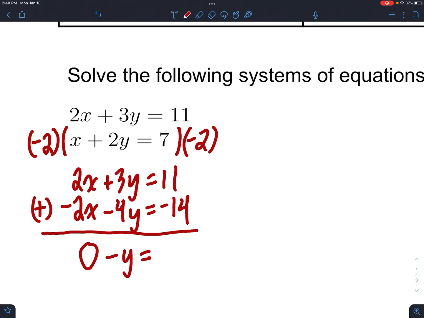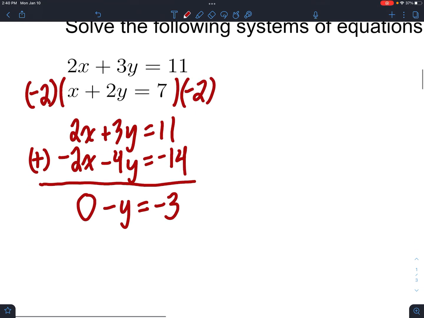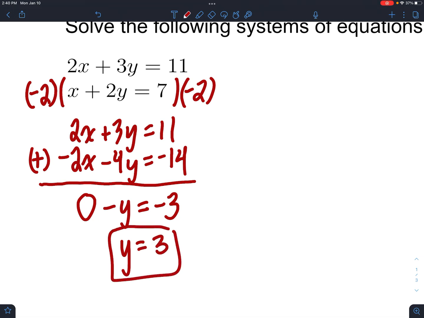If I add down, I just get 0. It turns out that y is 3 because you divide by -1, right? And this 0 you can just toss out. And then it's just like substitution. Plug that back in to anything that's typed on the page.